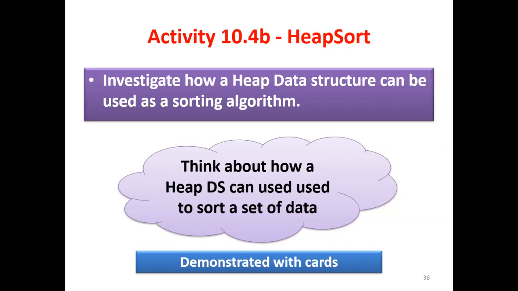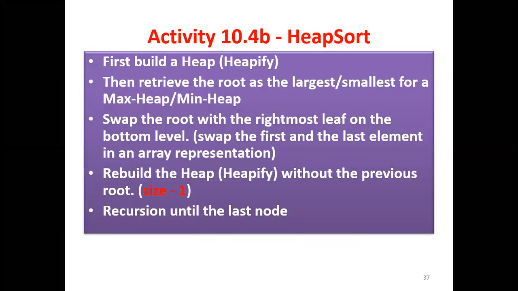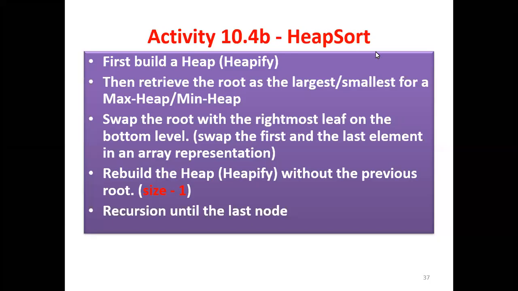So let's have a look at some of the steps that you need to take. For you to perform this operation, you first of all need to build a heap; you can use Heapify. The next step is to retrieve the root element.